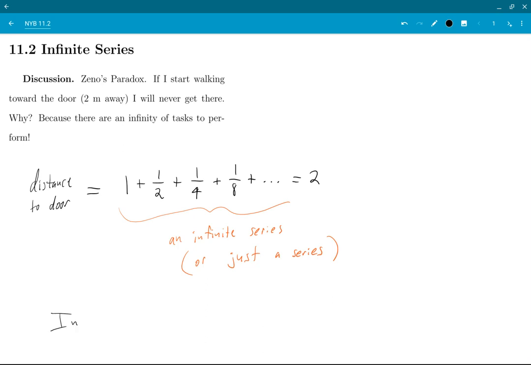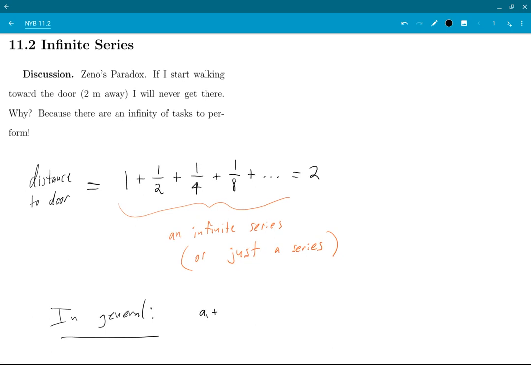Okay, in general, we have something like a1 plus a2 plus a3 plus a4 plus whatever, which we can summarize quickly with the notation n equals 1 to infinity of a n.